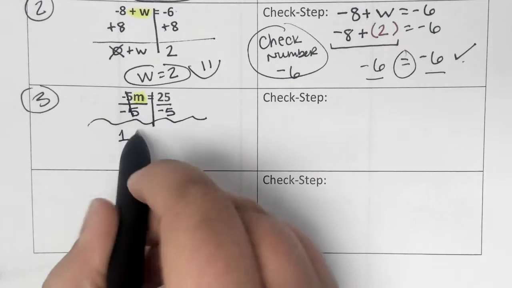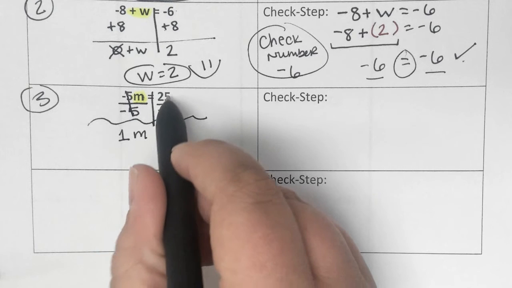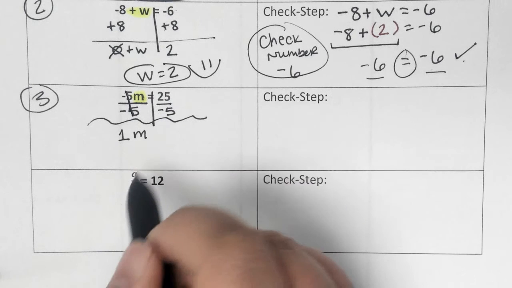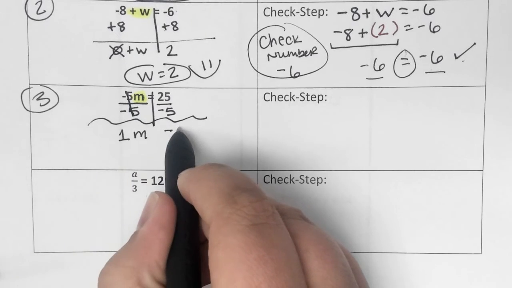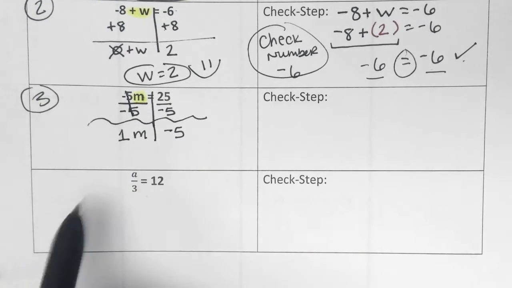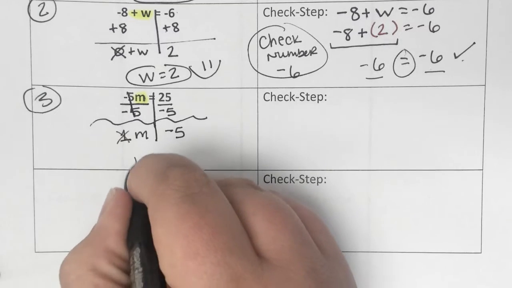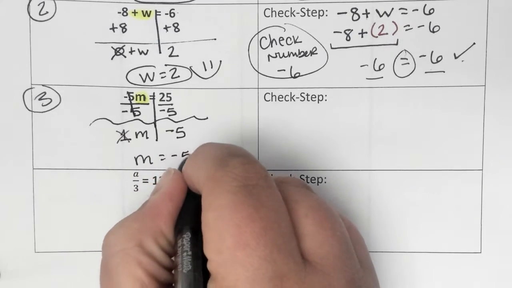They're really making 1, and I have 1m on the left side. And on the right side, we have 25 divided by -5, which is -5. I don't have to write 1 when I multiply by 1. So I could just rewrite this as m equals -5.